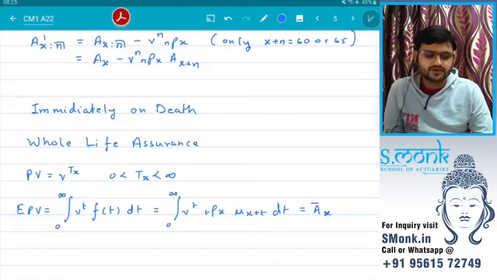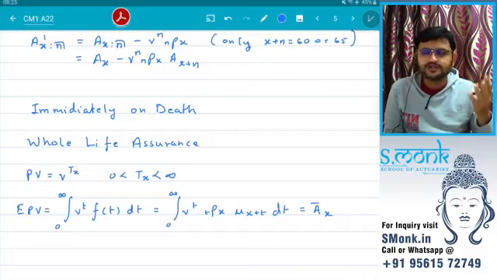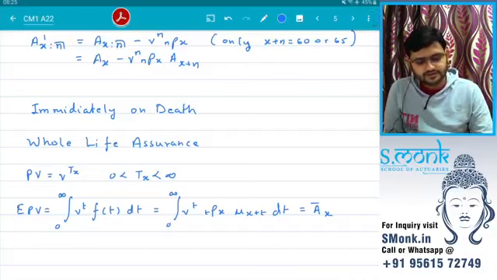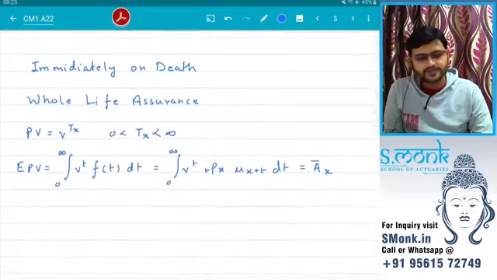Because we are paying continuously throughout the year, every possible time in the year the payment is given, it is sort of continuous, but we'll never call it continuous. It is payment immediately on death. Whole life payment immediately on death.